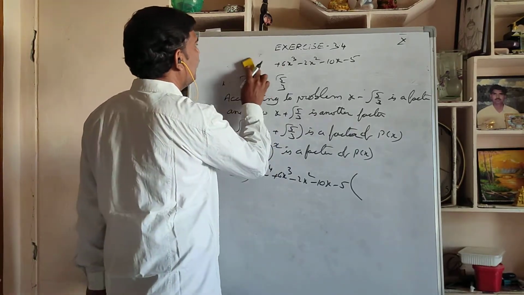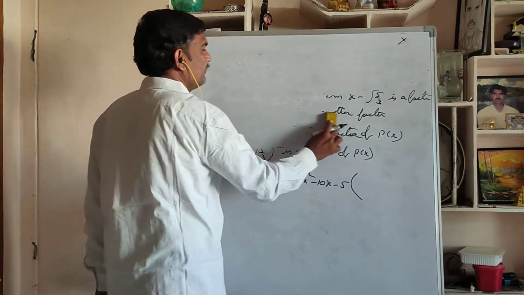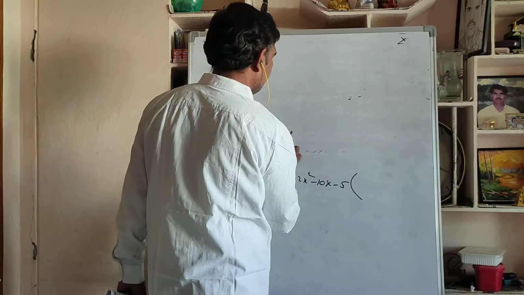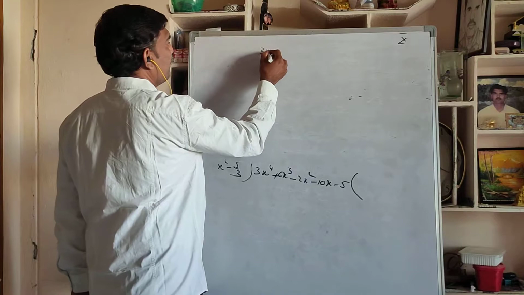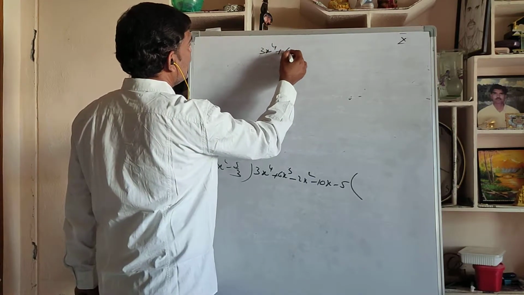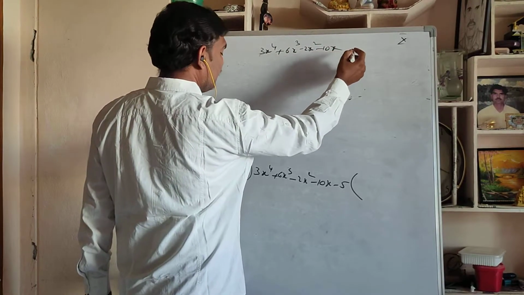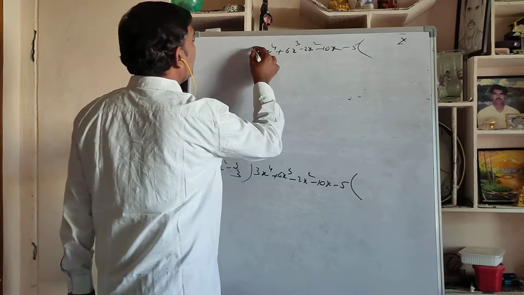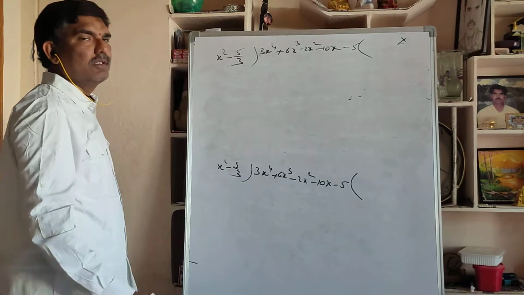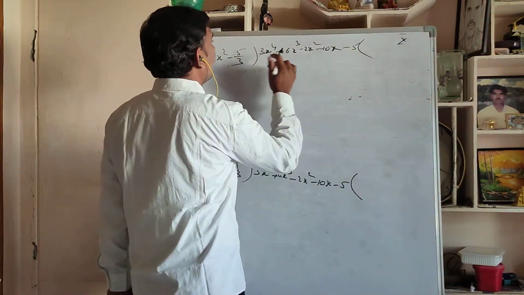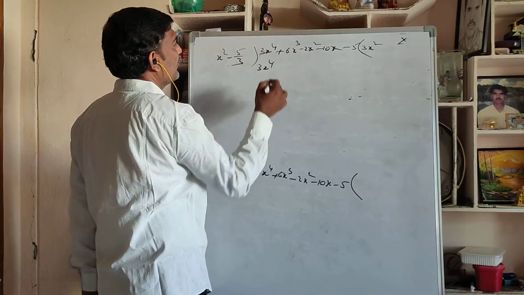See, once I'll write here. Same division I'll copy here: 3x^4 + 6x^3 - 2x^2 - 10x - 5, divided by x^2 - 5/3. So x^2 is there, and here 3x^4 is there, so you have to write 3x^2. So 3x^4 will come.